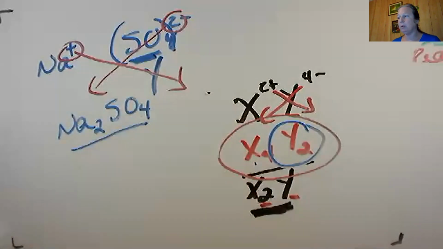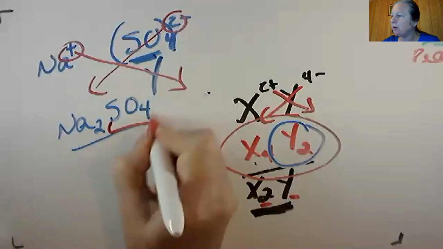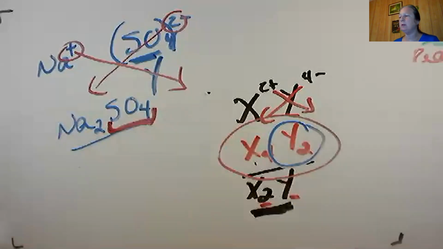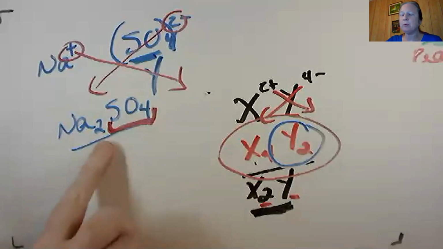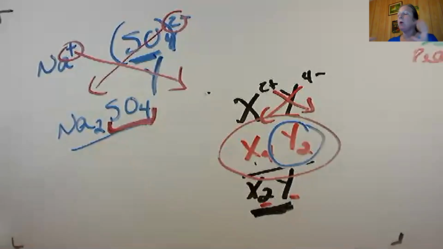It is still electrically neutral. The charges are balancing out. If you have a situation where you have more than one of these units, you would put that unit in parentheses because the subscript goes for the whole unit.